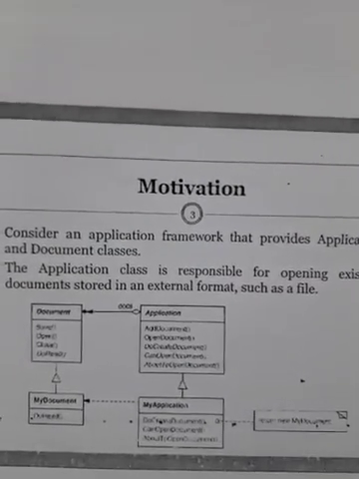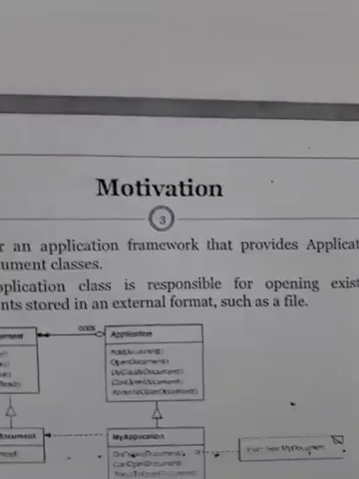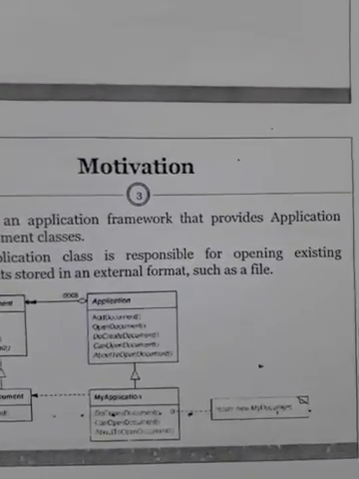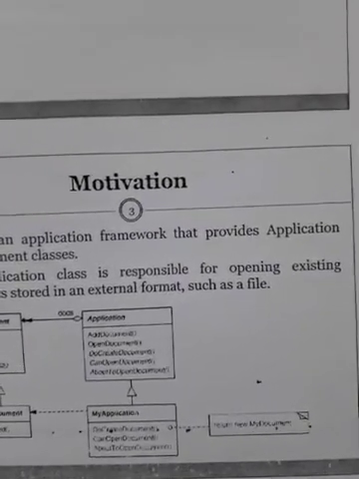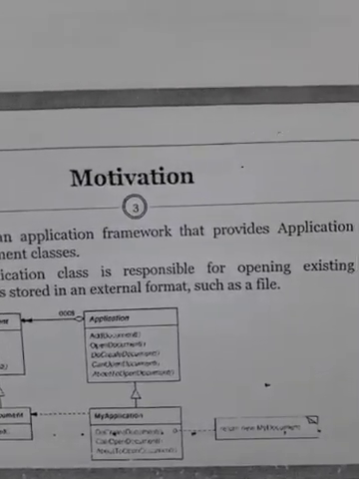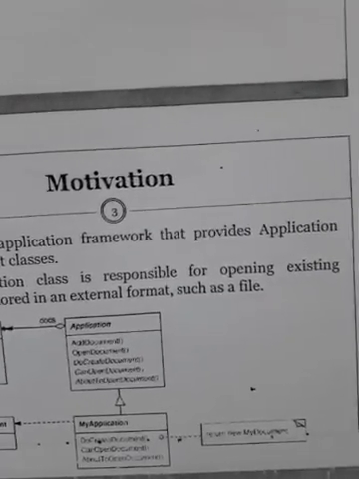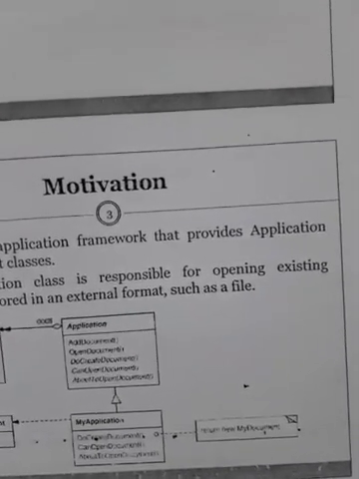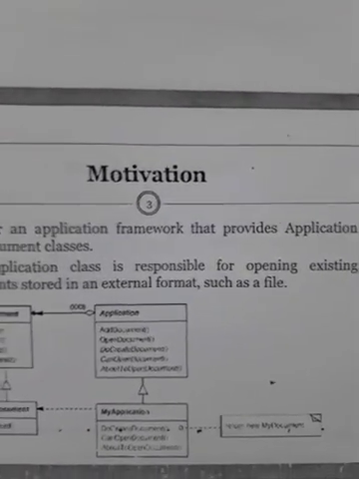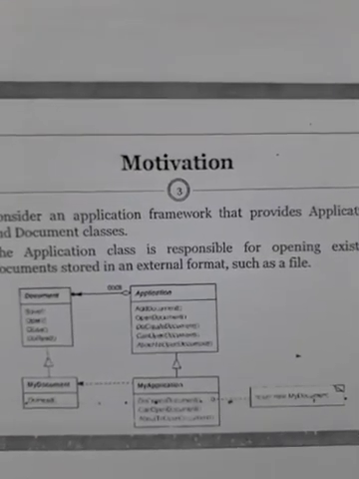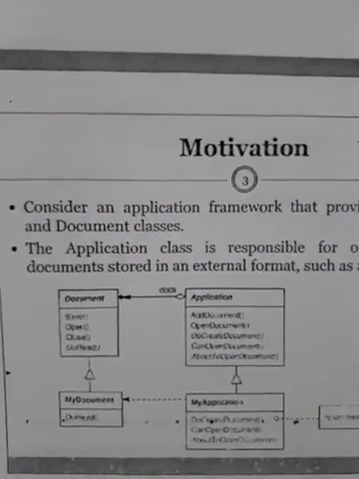Subclasses define the steps of the algorithm: checking if the document can be opened, which is an application class operation, and creating the document, which is create document in that application. Coming to the document class, it defines the step that reads the document.